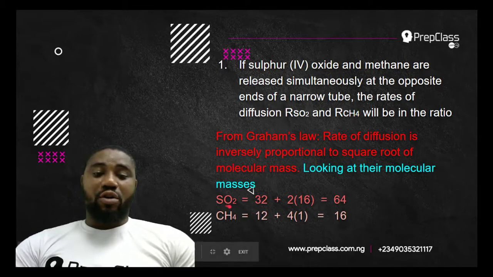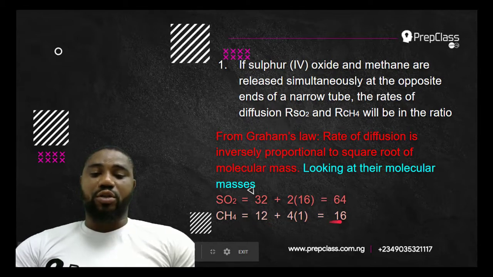So SO2 equals what? Atomic mass of sulfur is 32, plus atomic mass of oxygen, 16. Two atoms of oxygen, that's 2 times 16, which is 32. So 32 plus 32 is 64. Then CH4, methane: carbon's atomic mass is 12, plus 4 atoms of hydrogen, 4 times 1 is 4. 12 plus 4 is 16.